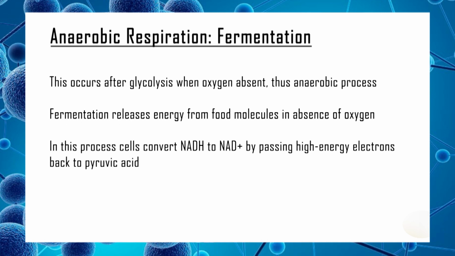In the presence of oxygen, 2 net ATP molecules from glycolysis, and 36 more ATP molecules from the Krebs cycle and electron transport pathway. These 38 ATP molecules represent 38% of the total energy of glucose, and the remaining 62% is released as heat.